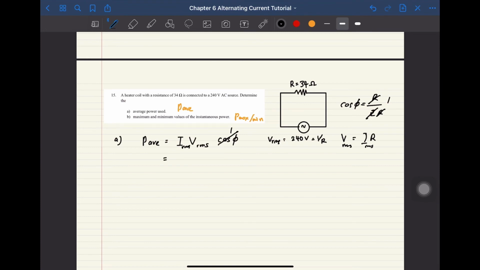So I don't have the I, so it will be V RMS divided by R. So this is just V RMS squared divided by R, which is 240 squared divided by the value of R, which is 34. Then you will get 1694.12 watt.